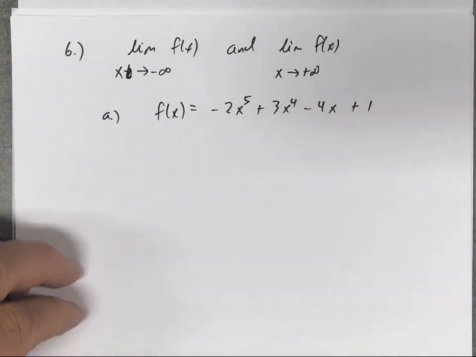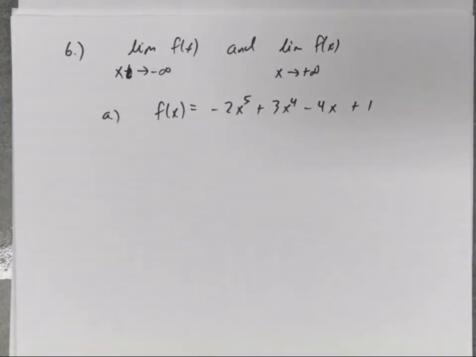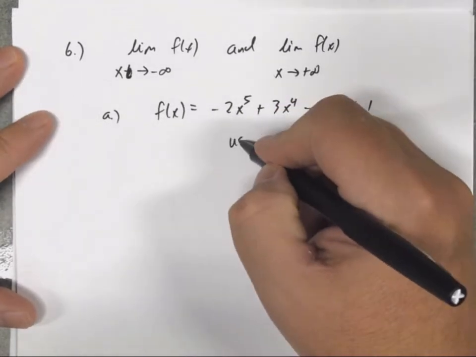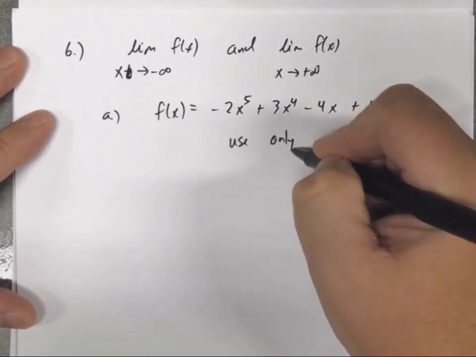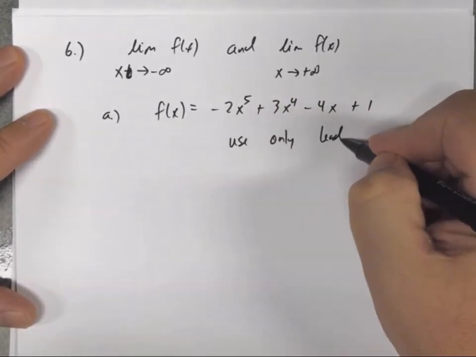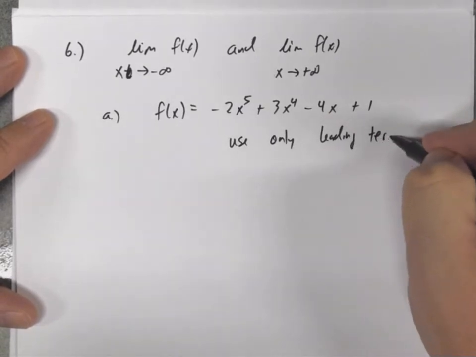There's a couple ways people can do these, but here's the way I like to do these. These are just for limits when x is going to infinity, either positive or negative. What you do here is, I call it the leading term.